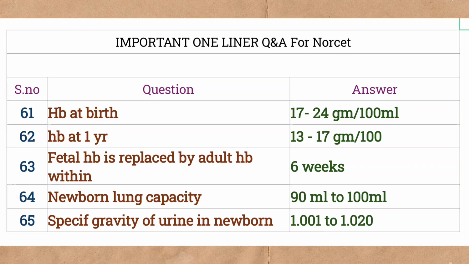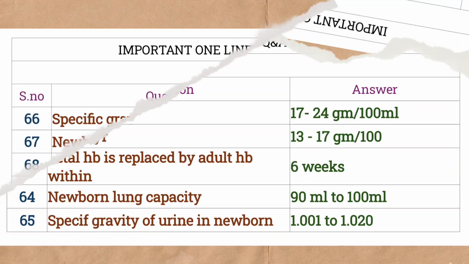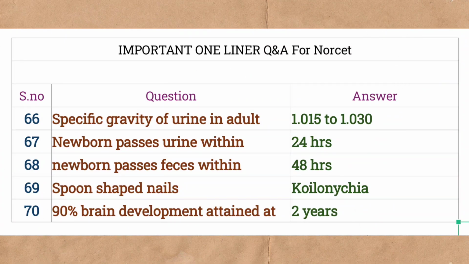65. Specific gravity of urine in newborn: 1.001 to 1.020. 66. Specific gravity of urine in adult: 1.015 to 1.030. 67.